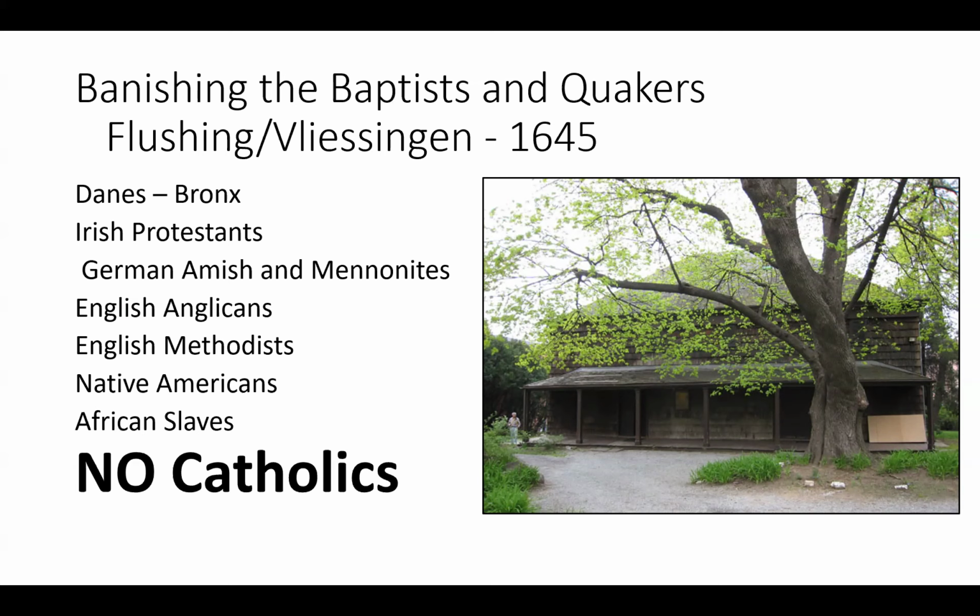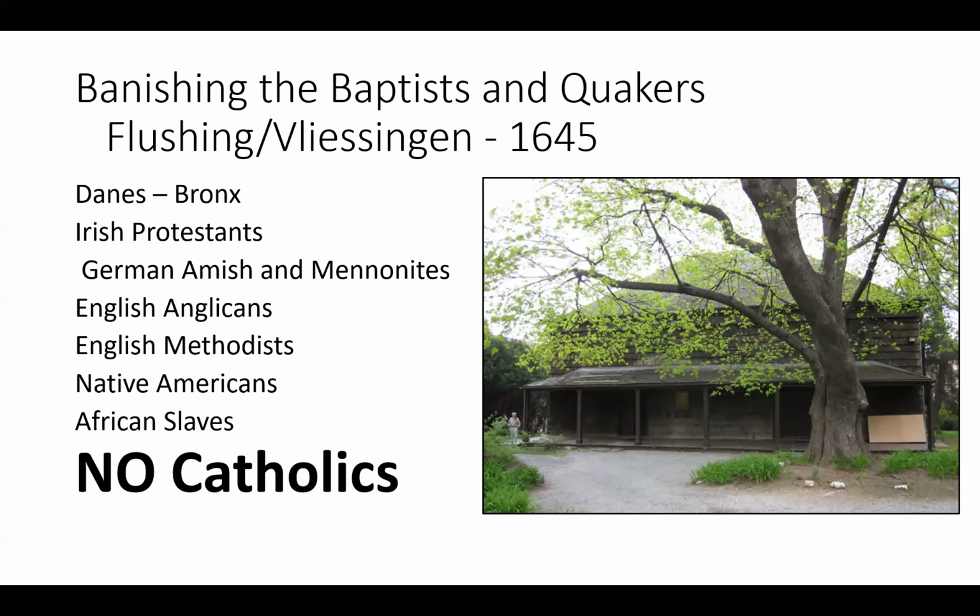So they would send people who wanted to settle in the colony to the outlying areas. For example, on the right, we see the Quaker Meeting House, which was founded by English Quakers in 1645.